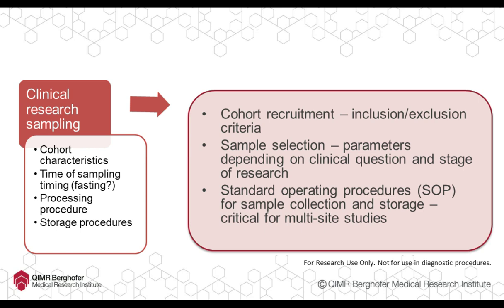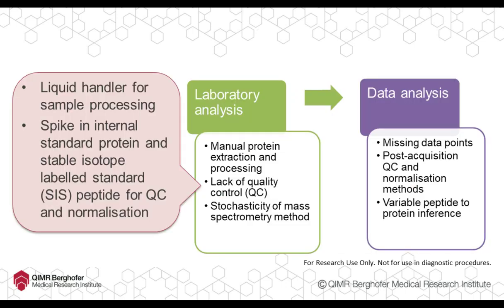Through careful selection of the samples that you analyze, you can get better quality results and answer your research question. And additionally, as I previously mentioned, having standard operating procedures for sample collection and storage is very key. We do not want samples to be already of variable quality, variable degradation, even before we get to the mass spec measurement. So this is critical, particularly for multi-site studies.